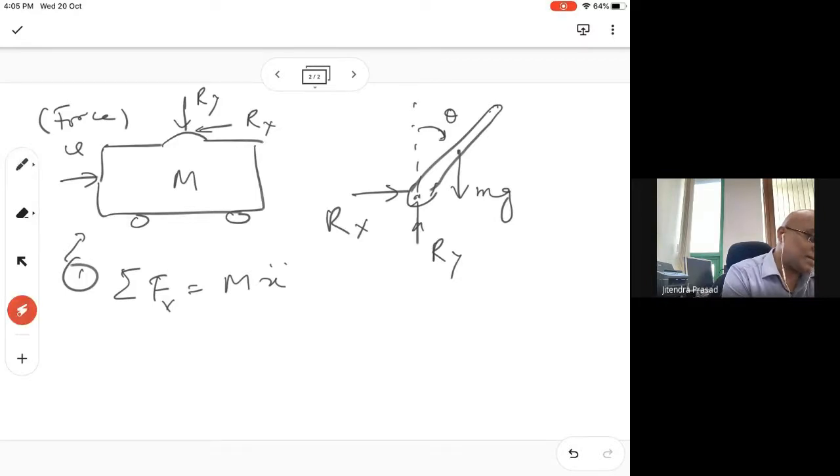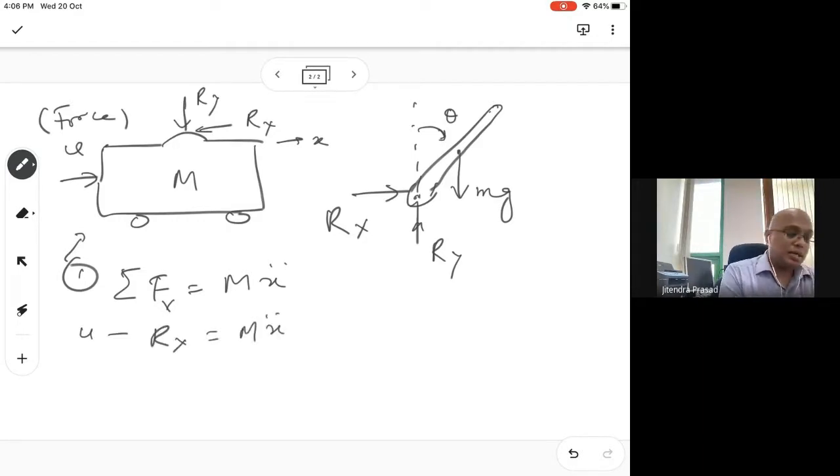So x is this way. Total force is, you see here, U minus Rx. So U, which is a force, minus Rx equal to capital M x double dot. Vertical we don't need, because the vertical force is Ry.